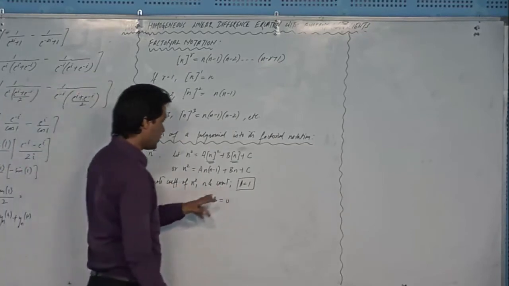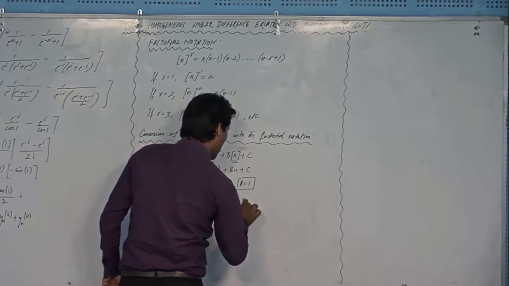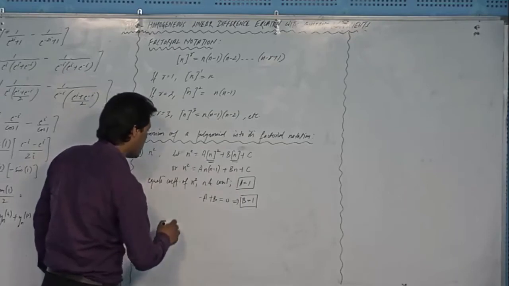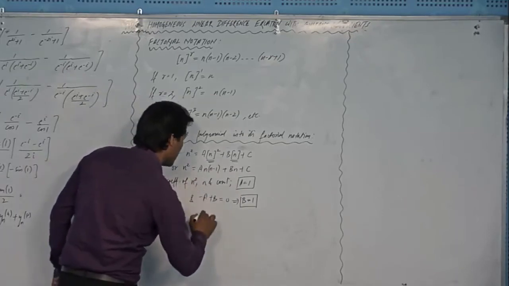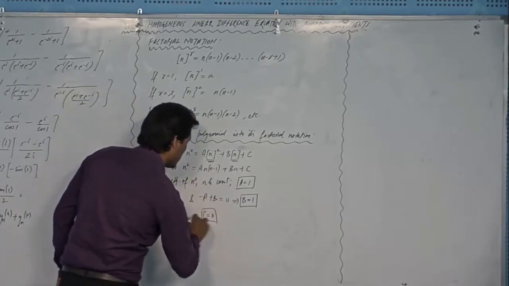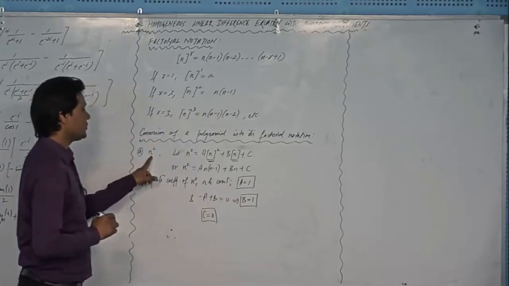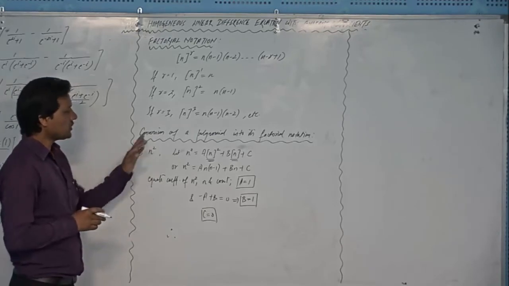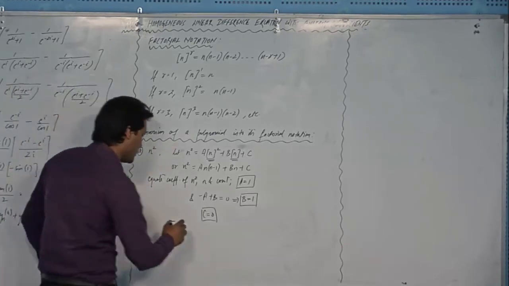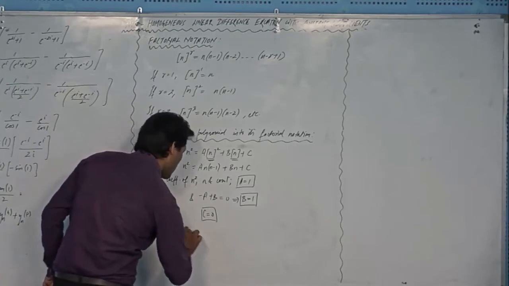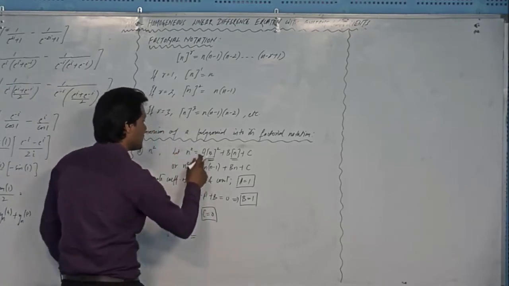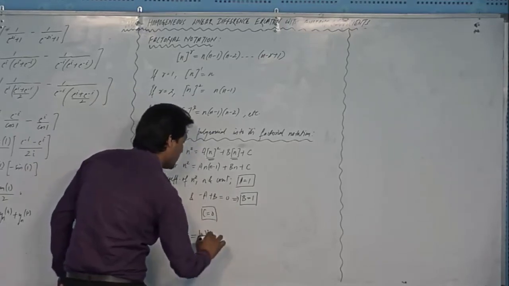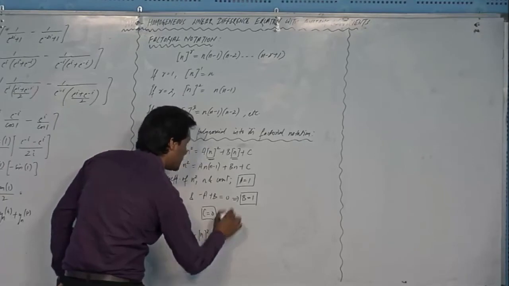So a is 1, so b will be equal to 1, and equating constants will give you c equal to 0. So this was your actual polynomial in standard notation, and you wanted to convert it into factorial notation, so that should be written as n square equal to a is 1 factorial n square, plus b is 1 factorial n, and c is 0.